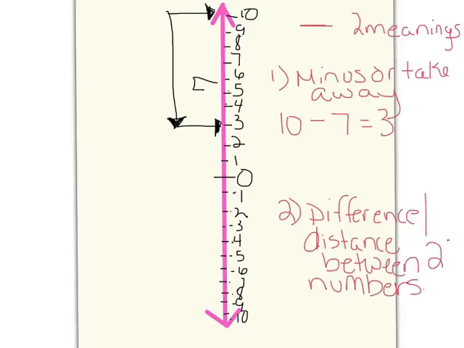Seven units is right here, and then we end up at 3 for our final answer. So the difference is the distance between 2 numbers. That means that the distance between 10 and 7 on the number line is 3, or the distance between 10 and 3 is 7 units.